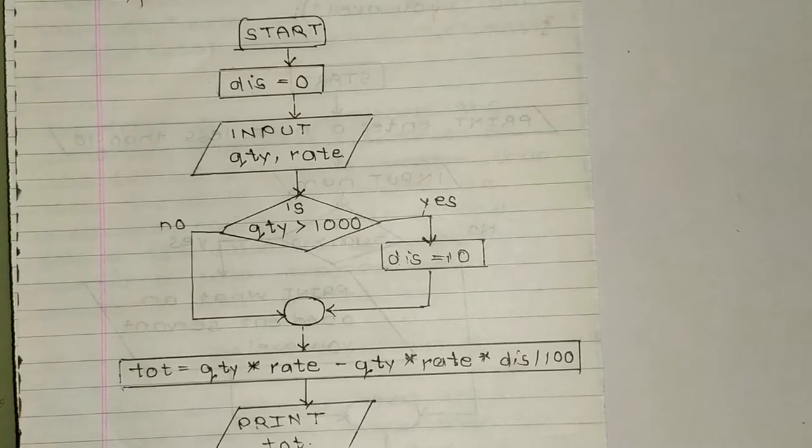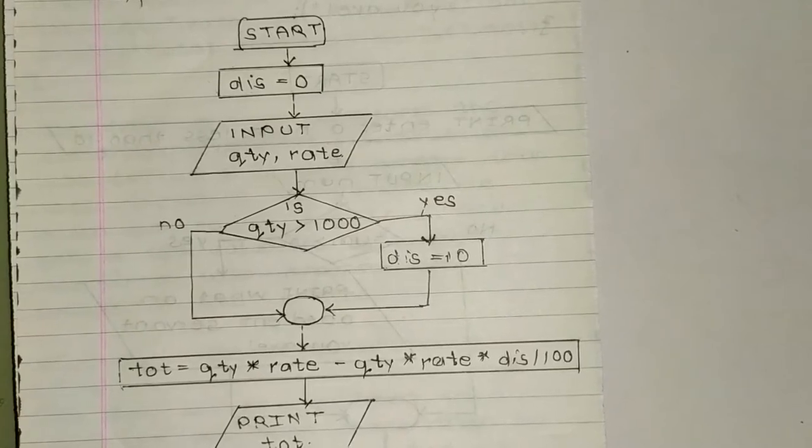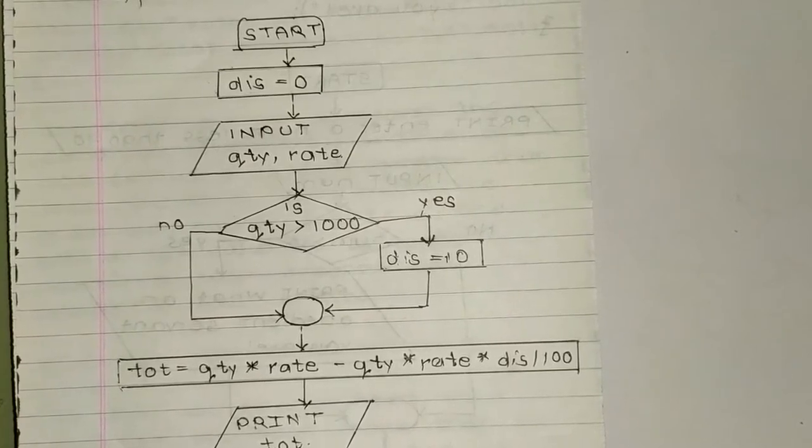So first is start, then after start the arrow is pointing towards this block, discount equal to 0. That means initially discount will be equal to 0. Then after this block, the arrow is pointing towards input, quantity comma rate.